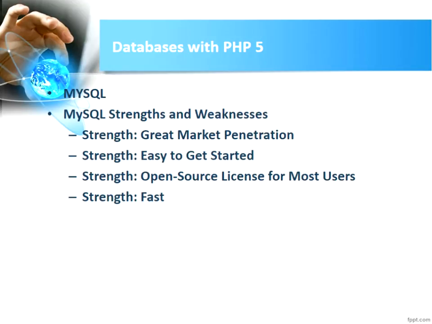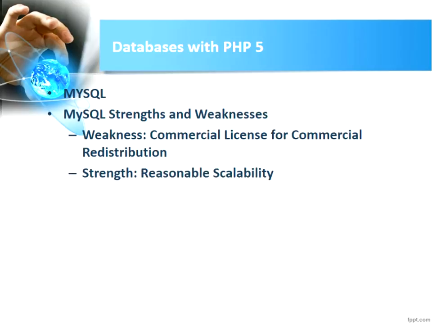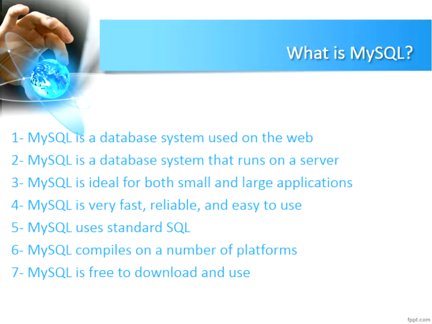Because MySQL server presents a great market penetration. It is easy to get started. It is an open source license for most users, and it is very fast. The problem of MySQL server is the commercial license for commercial redistribution, but it has a reasonable scalability.